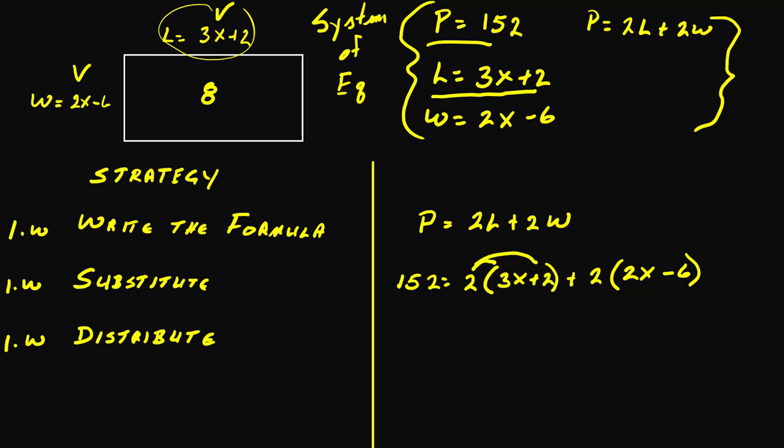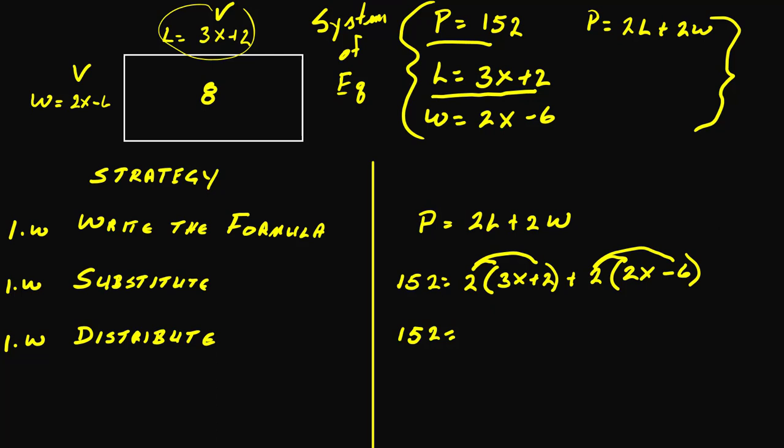I always like to draw these golden arches to remind myself to multiply everything inside the parentheses by that coefficient. When I do that, I'll bring down the 152 and the equal sign.